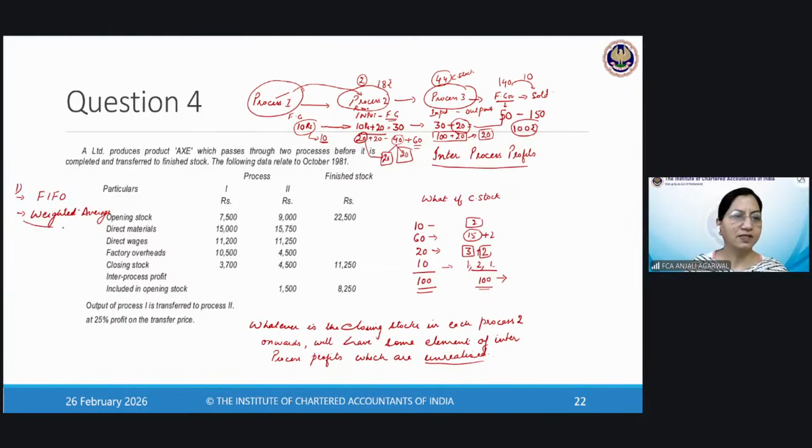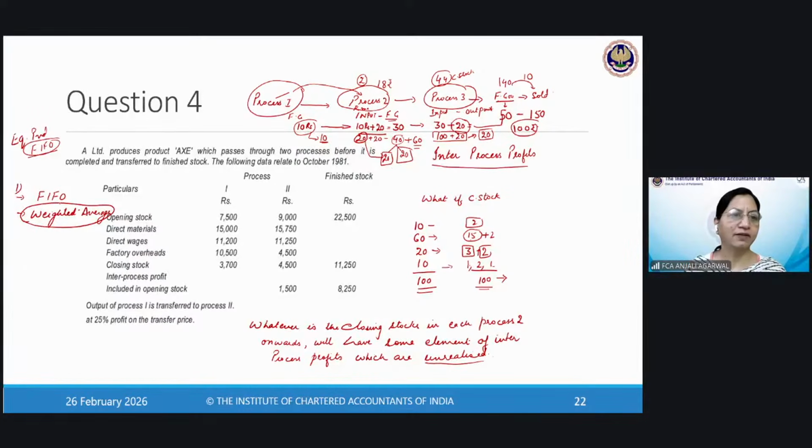Calculations are very easy when you use weighted average. In equivalent production, both were easy, FIFO or weighted average, hardly much difference. Rather, FIFO intuitively was more appealing, it made sense. But both were equally okay.